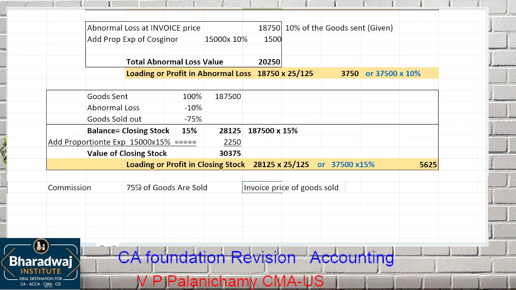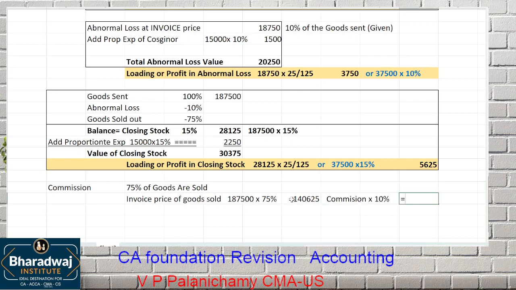Simple. Total value of goods sent. What is the total value of goods sent? 1,87,500, 75% of it. How much is it? 1,40,625. How much commission on this? 10% for this. Wait.